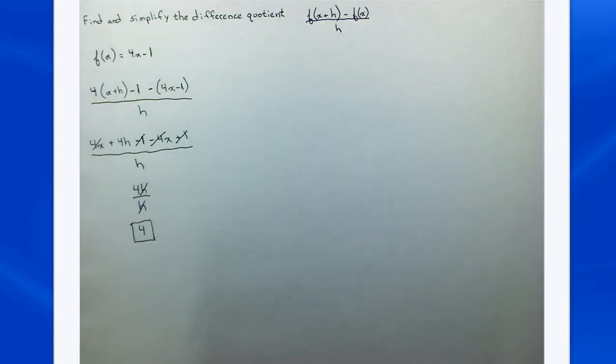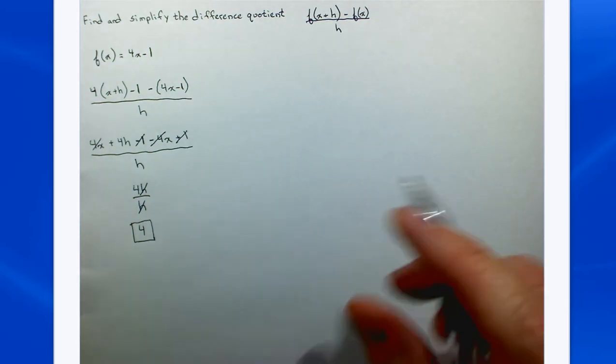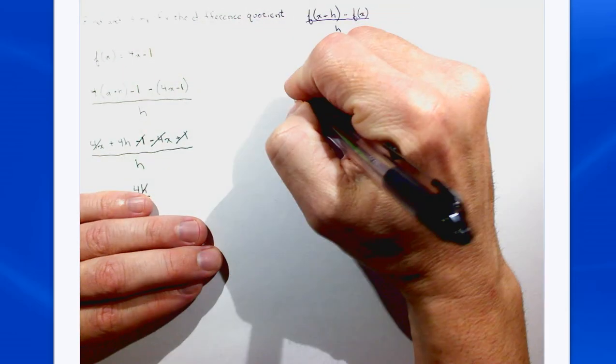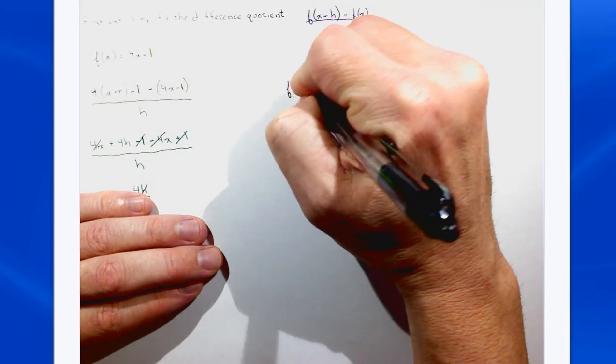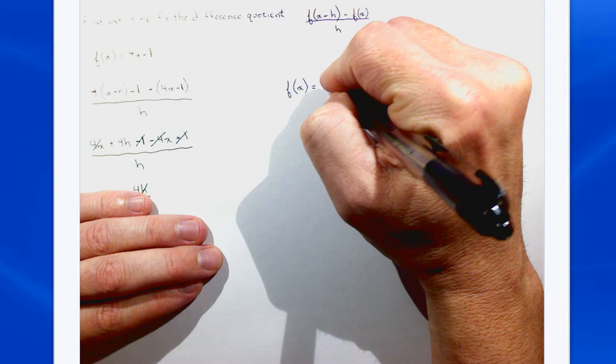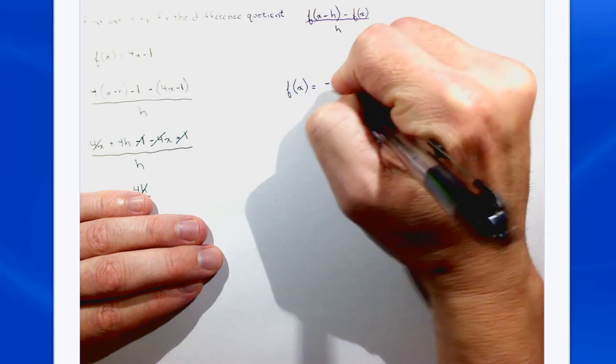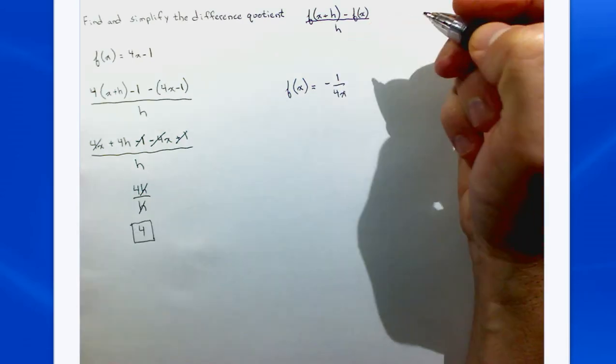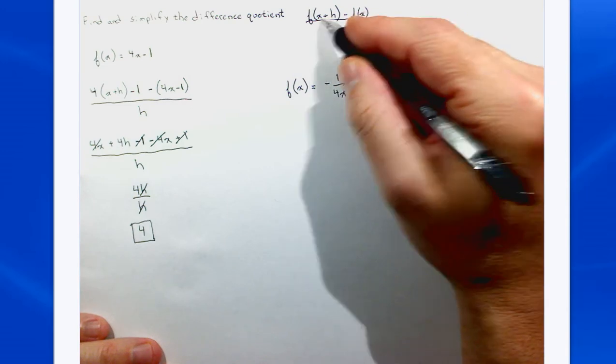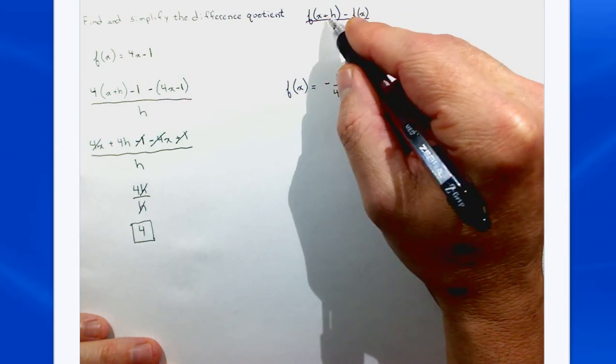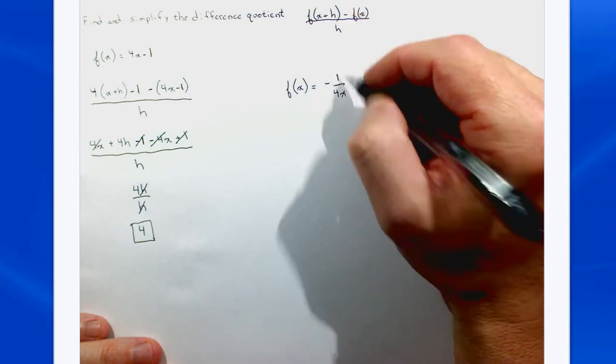So let's work one that's just a little bit harder, okay? So f of x equals negative 1 over 4x. Again, I'm just going to start plugging in here. My first thing is to replace x with x plus h.